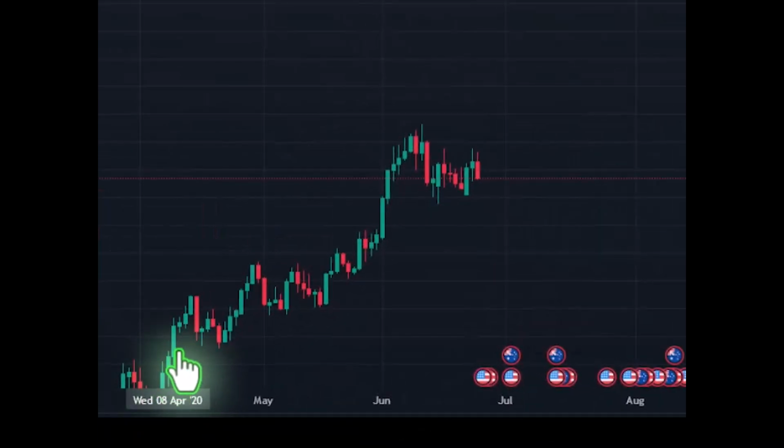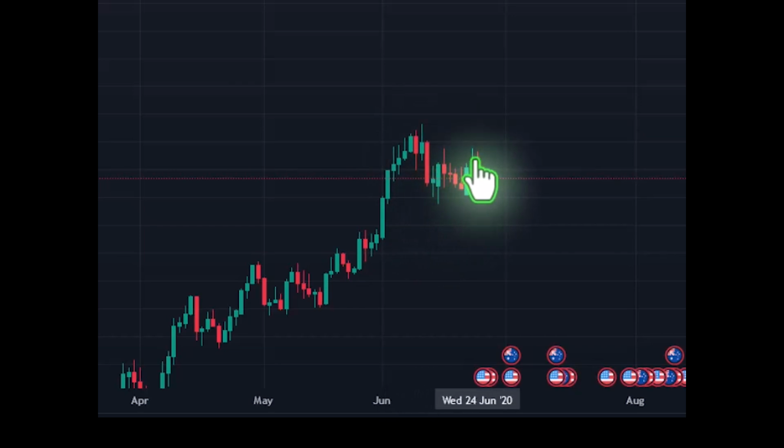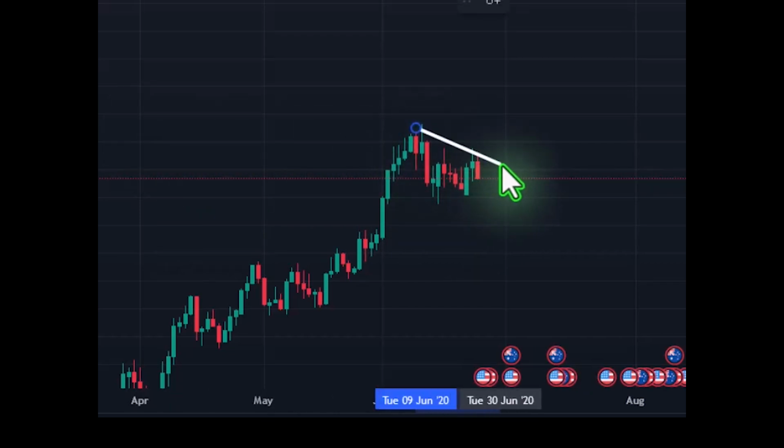After this sustained bullish move, we got to a point when buyers and sellers begin to take a break, and we have this. So we have this and this.